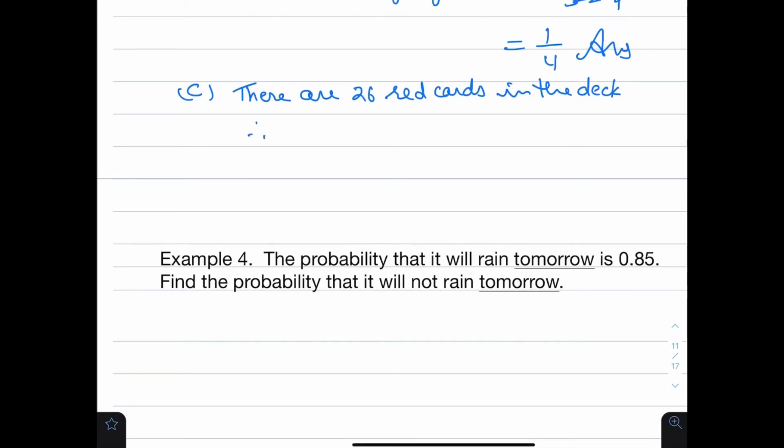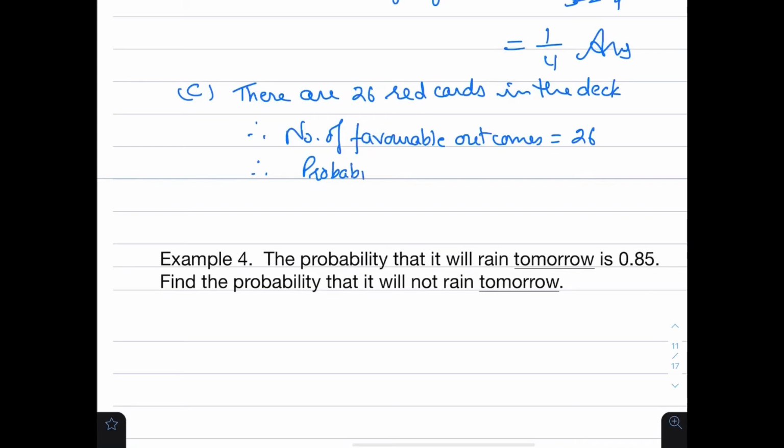Therefore, number of favorable outcomes equals 26, and probability of a red card equals 26 upon 52 equals 1 by 2.